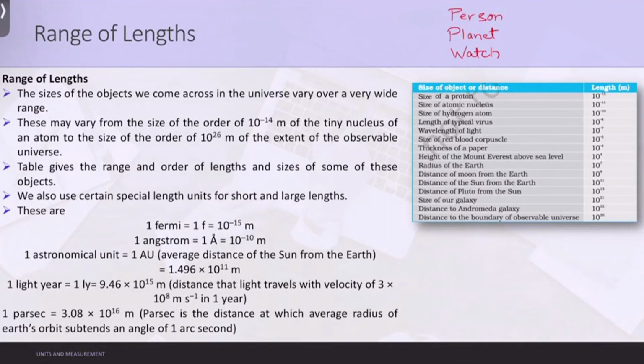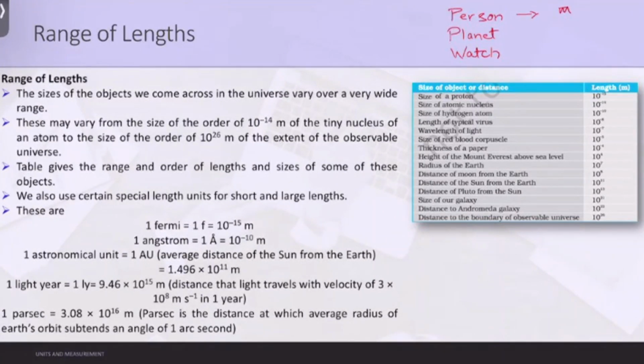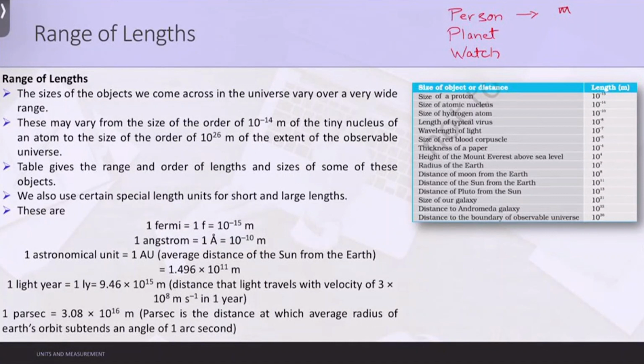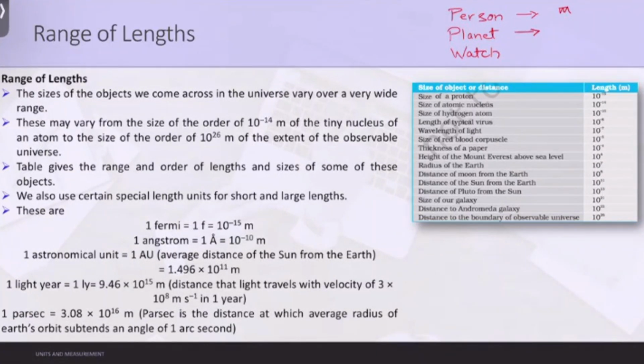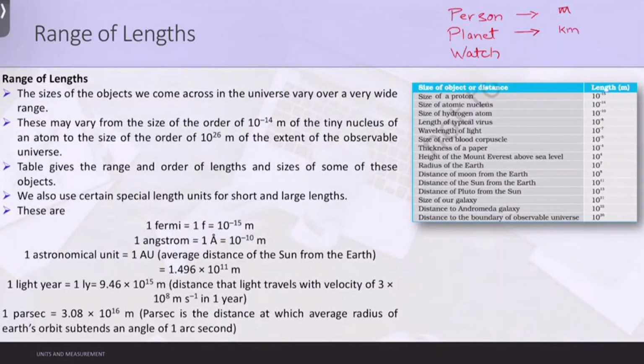If I take these three examples only, a person is measured in some meters, like we can use meters to find the height of the person. A planet's distance, even the diameter of the planet, is basically in kilometers. And a watch is some centimeters.